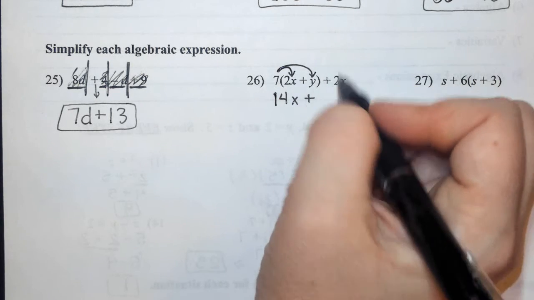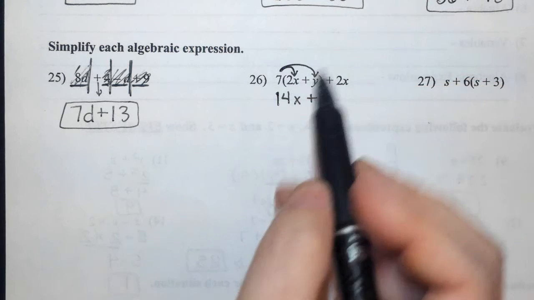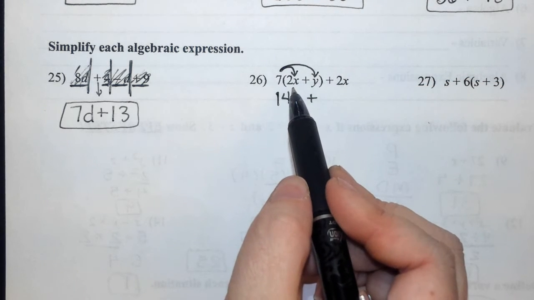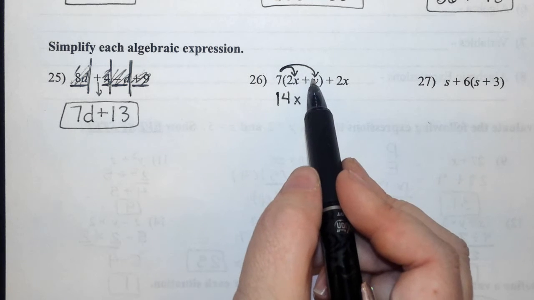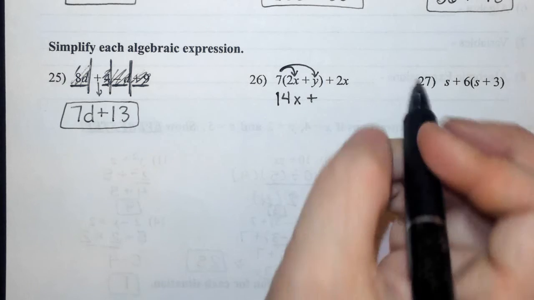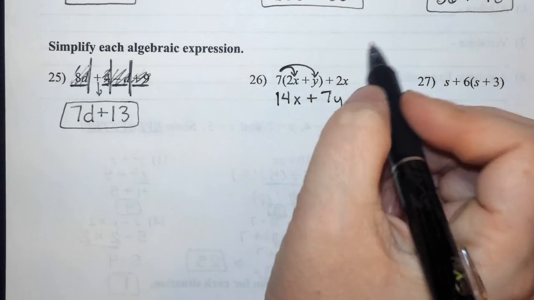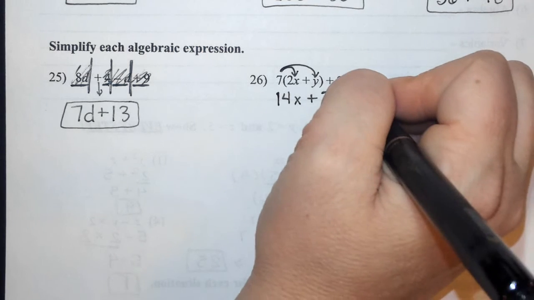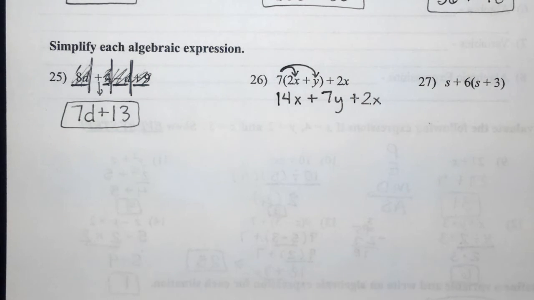Oh, plus. So we did 7 times 2x, right? We kept our plus sign. Now I need to do 7 times y. How would I write 7 times y? Just 7y. And then it says plus 2x, so I'm going to write plus 2x. Okay, good with that so far?